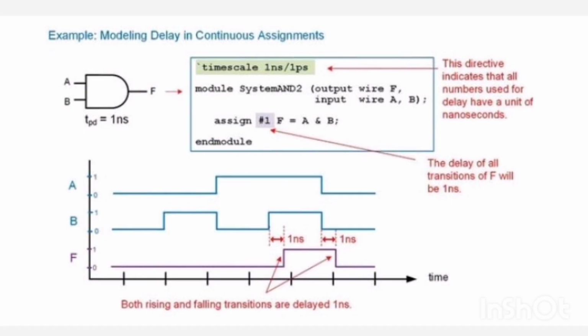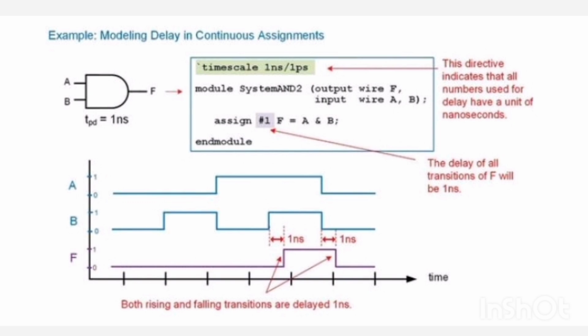What it basically indicates is that when a and b change, the output changes accordingly. Initially the value of f is 0, then it is 0 into 0, it is 0, then 0 into 1, again it is 0, then 1 into 0, again it is 0 output. For the next change, a and b are both 1. At that time, the output will be 1 because it's an AND operation.